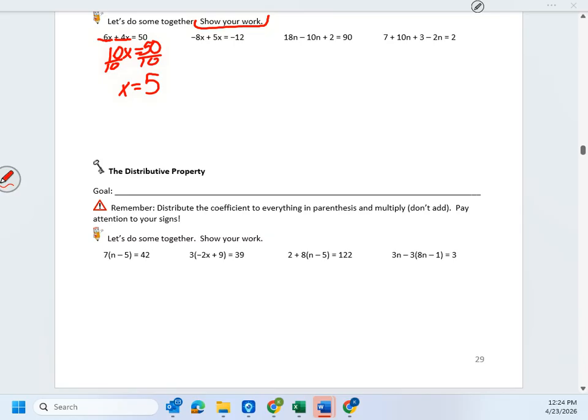You're going to show every step. If I put it on the board, you're doing it on your paper. We are not doing mental math anymore. Okay, no gold stars for mental math. Show every step. And when I say I line it up to keep it organized, I want you lining it up.